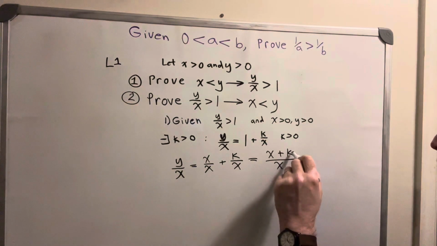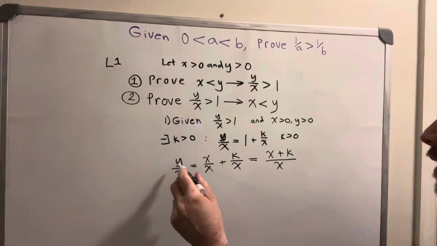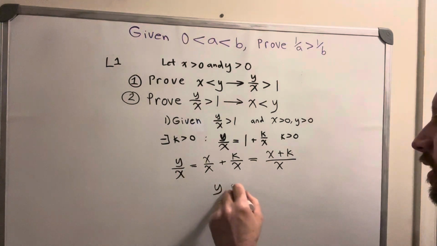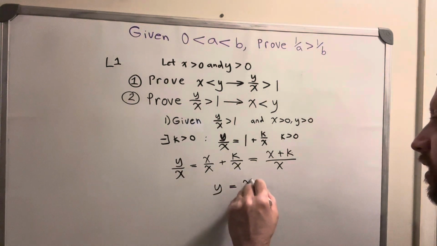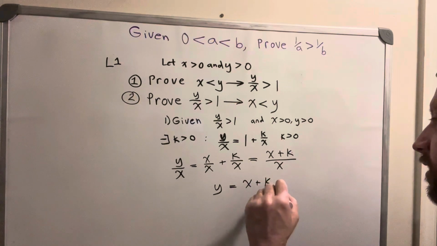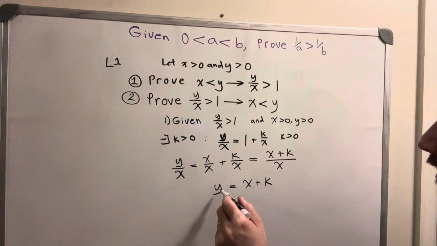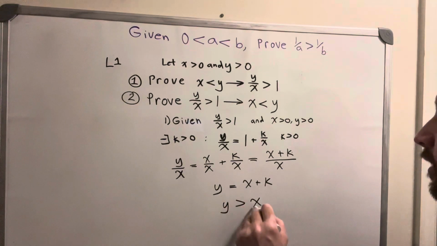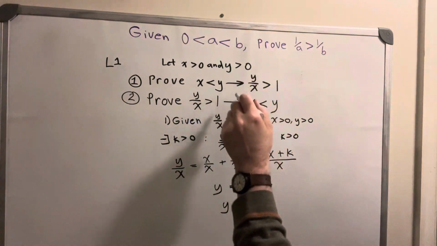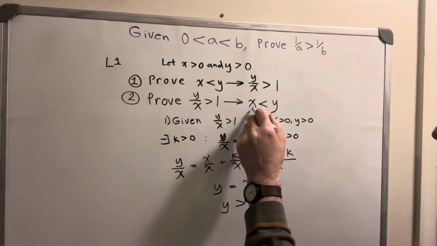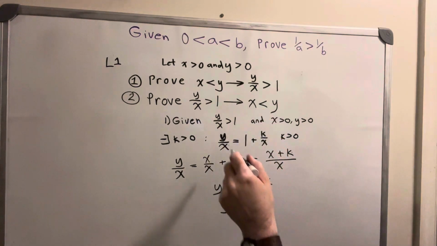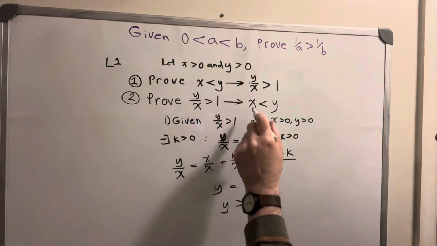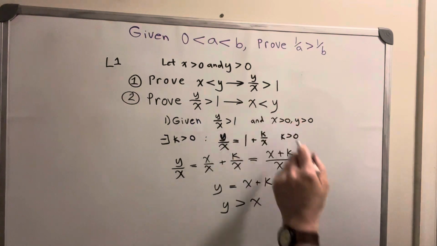And if k is greater than 0, and if y is equal to x plus some positive value k, then this means that y must be greater than x, which is what we were trying to prove this time. So we've shown that if y over x is greater than 1, then y is greater than x.